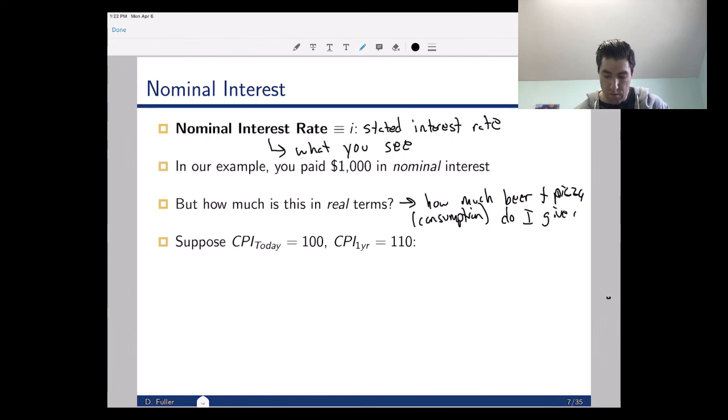That's going to be our next question, is to convert this interest into real terms. And we'll do a little bit longer explanation of that, and then we'll have a shorthand, quicker way to figure out the real interest.